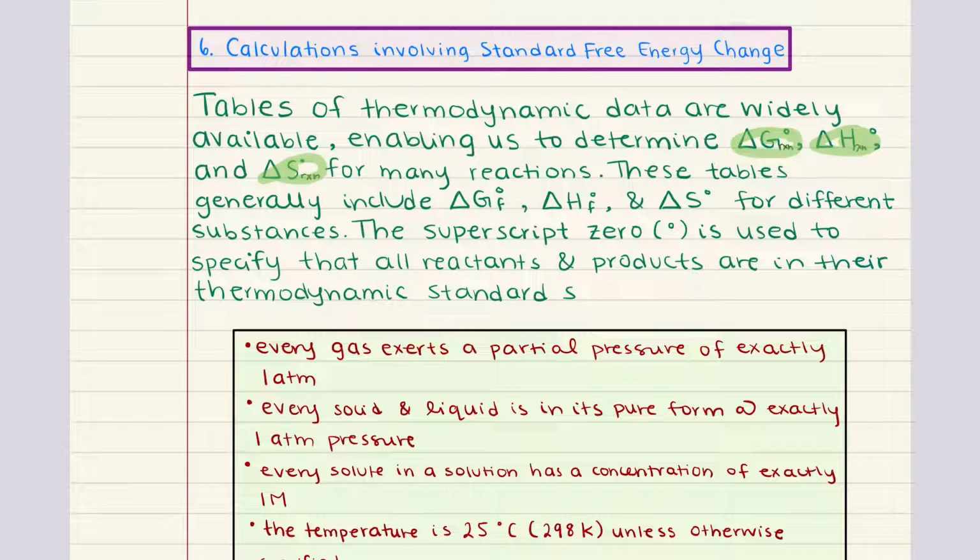These tables generally include the standard Gibbs free energy of formation, the standard enthalpy of formation, and standard entropy for different substances. Now, the subscript 0 that you see here is used to specify that all reactants and products are in their thermodynamic standard state.